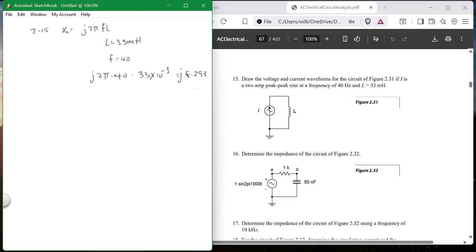J 8.293 ohms. Is that right? Is that what you got?